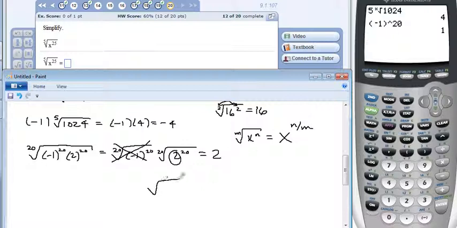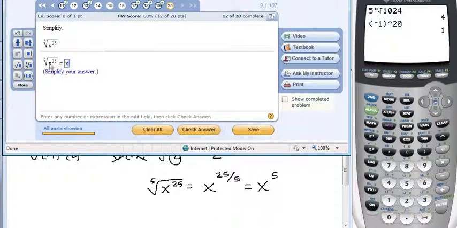So my easiest way of doing this is to convert it over to an exponential. Okay? 25 fifths, right? N over M. Well, 25 fifths is 5. So it's really just x to the 5th. Let's try that one, and then we're done.